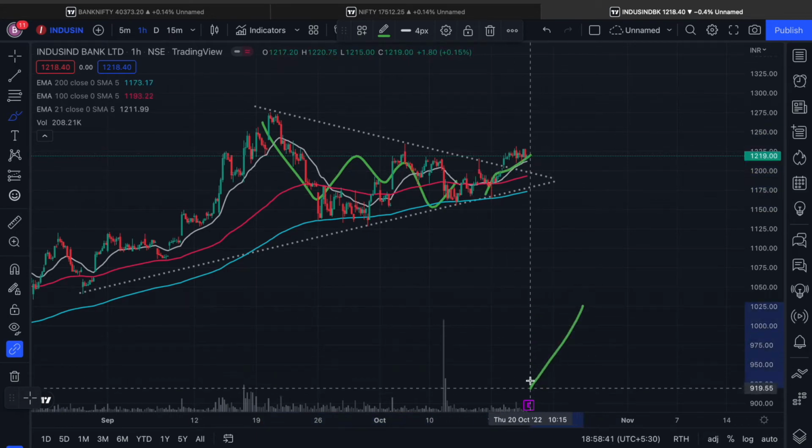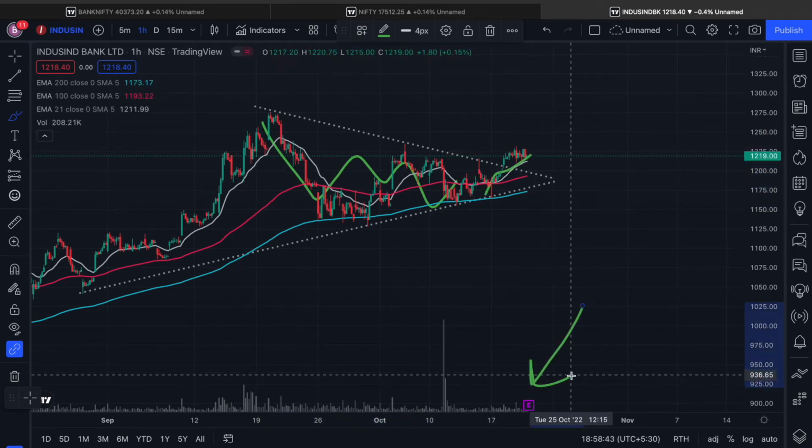The volumes still are not that great, but as per the Economic Times, the quarterly results are already out and they are in favor of the buy side. Why? Because they have beaten the estimates. So yep, that is good news.